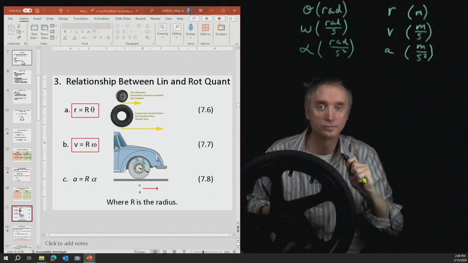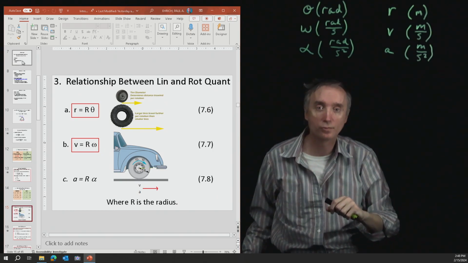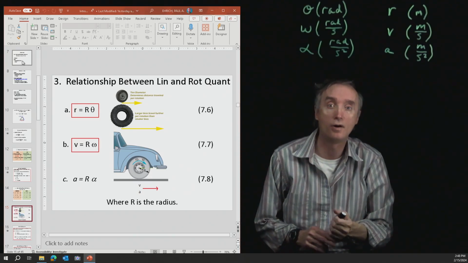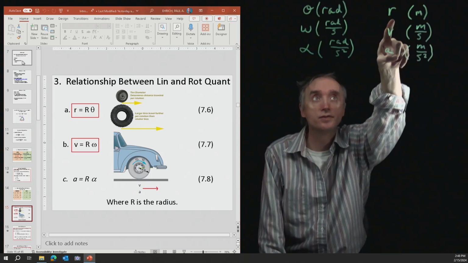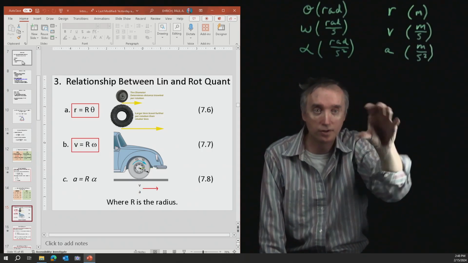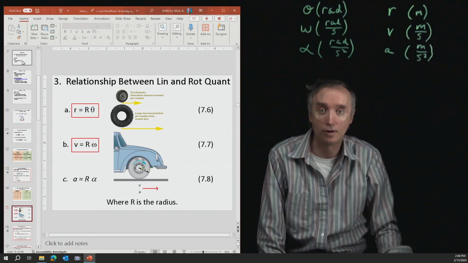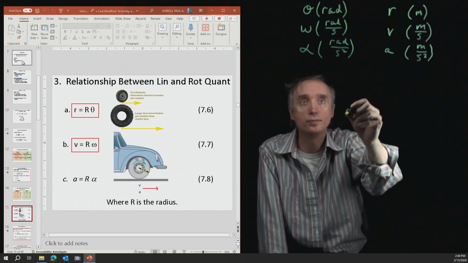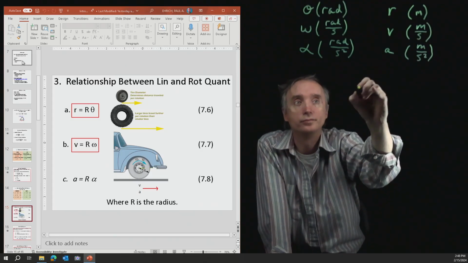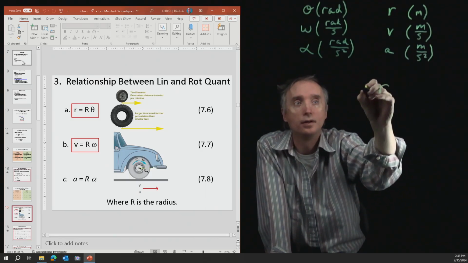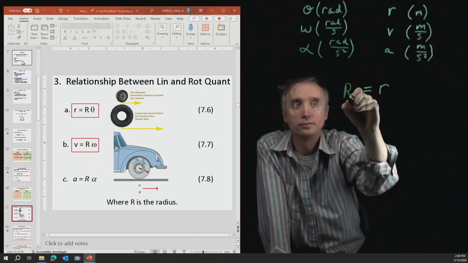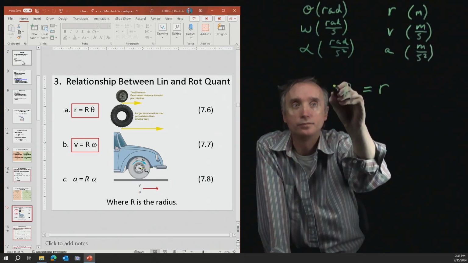So we're going to symbolize the radius with a capital letter R. The linear distance is a little r, and the radius of something that's circular is going to be capital R. So our formula is going to be, it's kind of unfortunate that I've got these things flip-flopped here, but I can put it over here. So r on this side is going to be equal to capital R times theta.